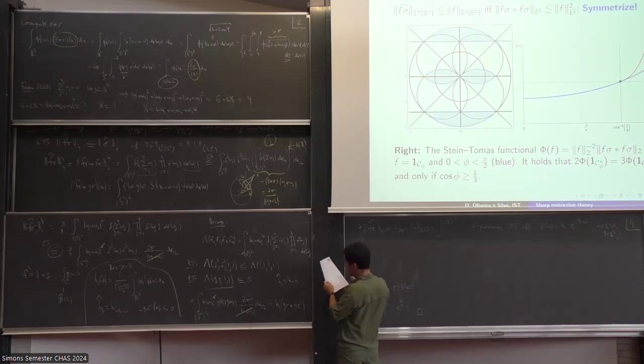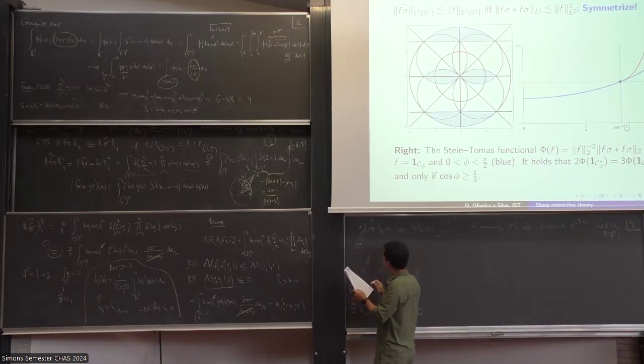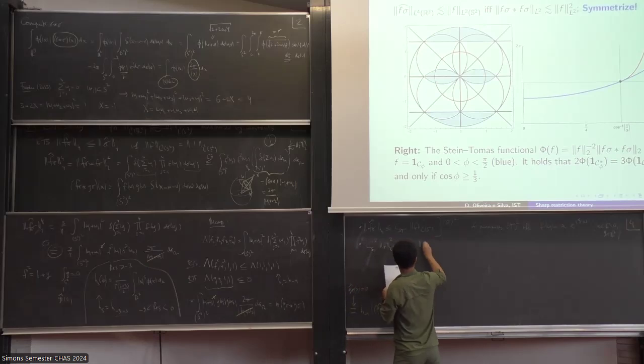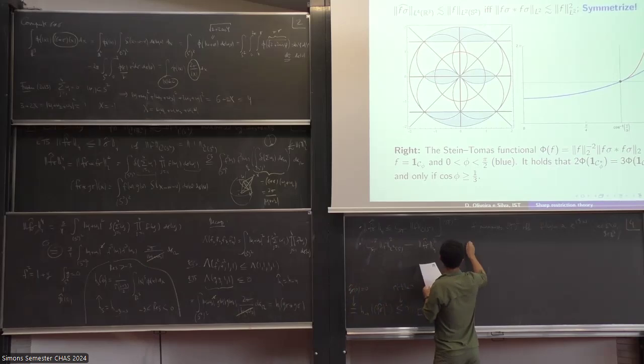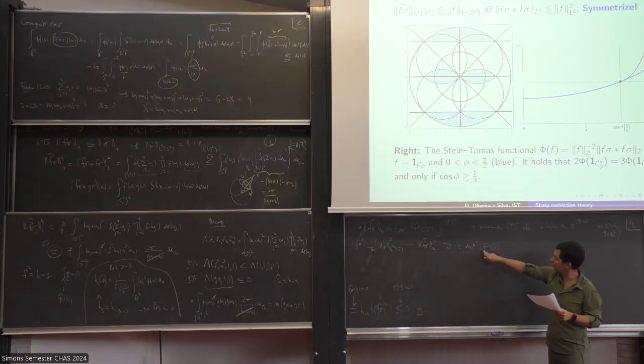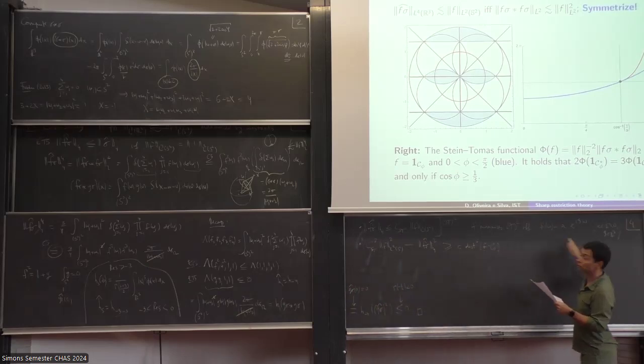There's also a sharpened version in the sense of quantitative stability, that's not constructive, which basically says that the best constant C_ST times the squared L2 norm of f minus the squared L4 norm of f sigma hat is bigger than or equal to some constant, positive but implicit, we don't know what that is, times the squared distance of f to the space of characters, functions of this form.